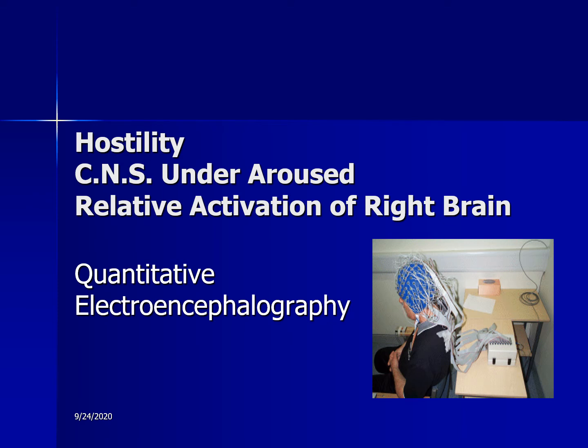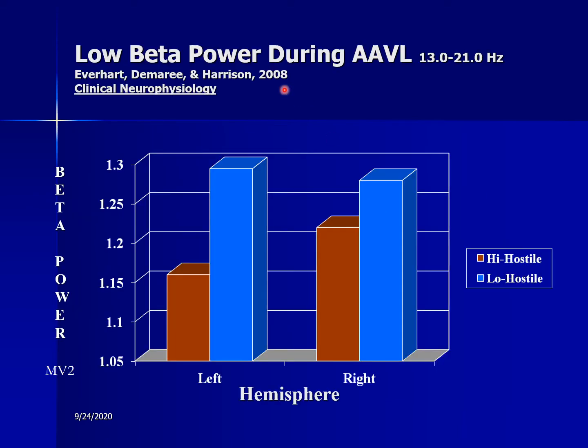Okay, let's take a look at it. So here we're looking at beta power, and you remember beta is high frequency activity associated with high arousal states. And we find that our high hostile folks here in red are significantly under aroused, but especially in their left hemisphere, the left side of their brain.